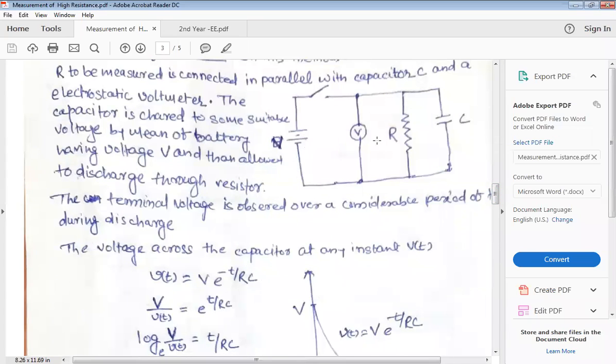This is the RC circuit with a DC voltage source. When the switch is closed, the capacitor C is charged up to some voltage, suppose up to a small v.